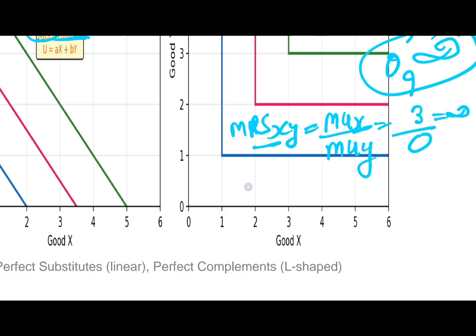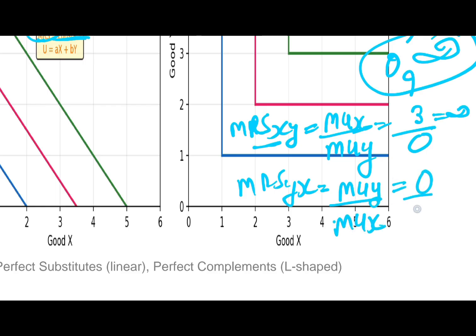It will lead to infinity. If we say MRS of Y over X, that means marginal utility of Y upon marginal utility of X. Change in Y is 0, but change in X is 3. So it leads to 0.